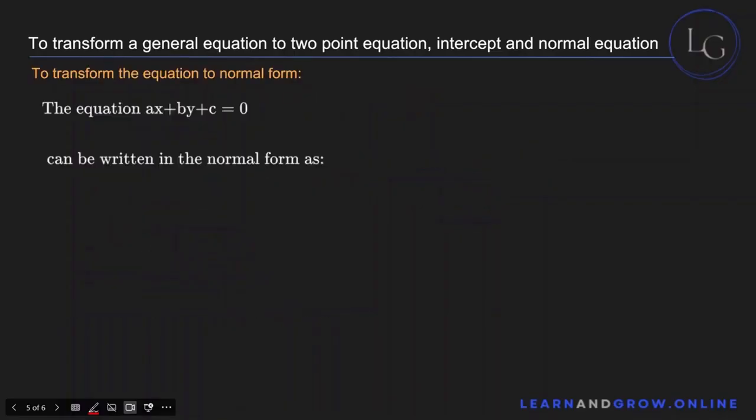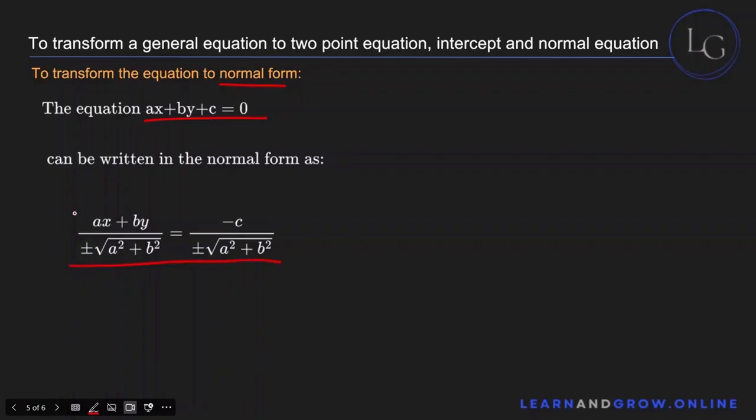Now, let's see how to transform the equation to the normal form. This equation can be written in the normal form in this way, right? All you need to do is take this plus c to the right hand side, which will eventually leave you with ax plus by is equal to negative c.